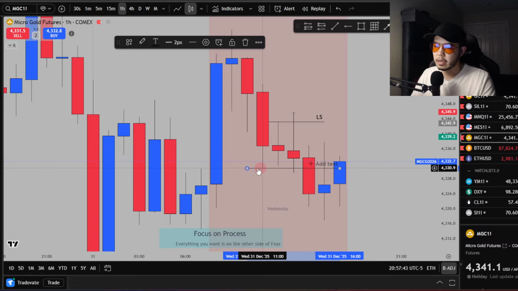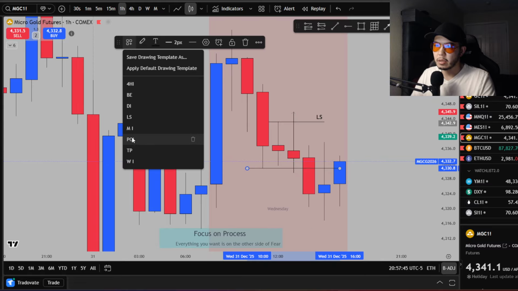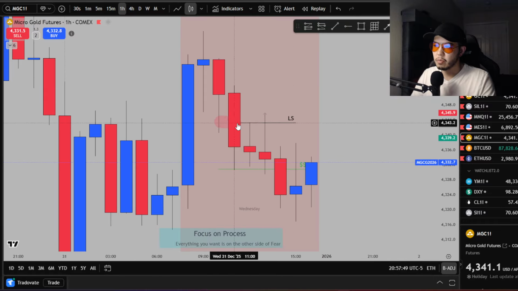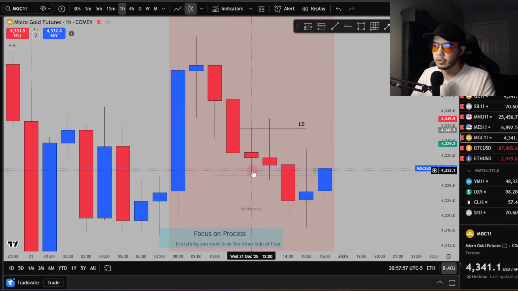I usually mark that area and put a dollar sign on it for take profit. I also mark the top of that hourly candle for LS, short for liquidity sweep.